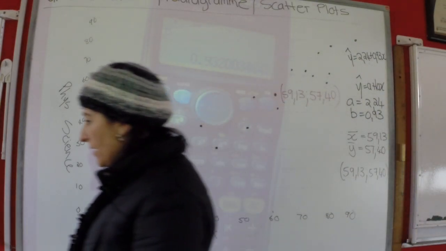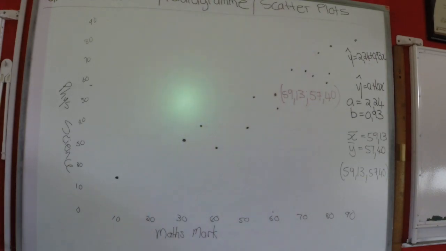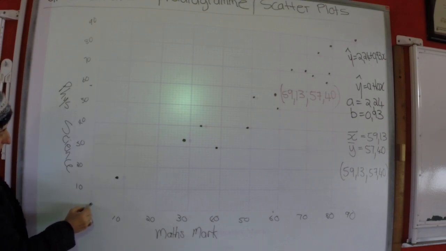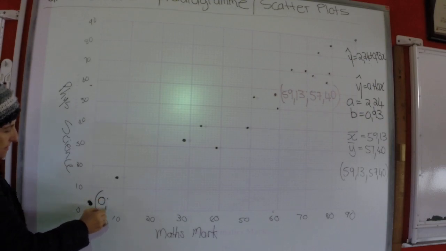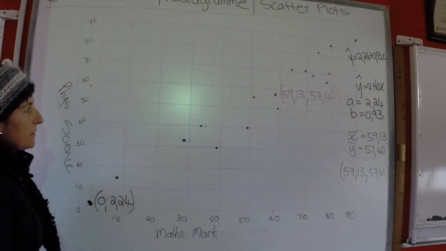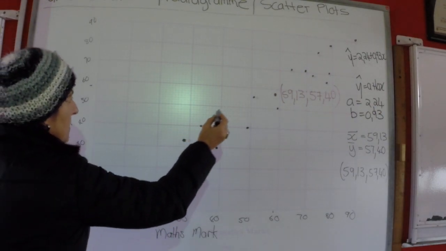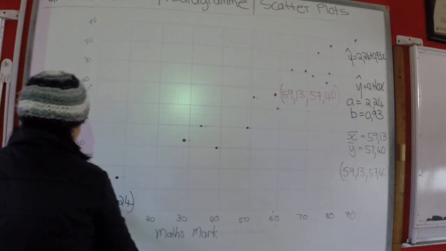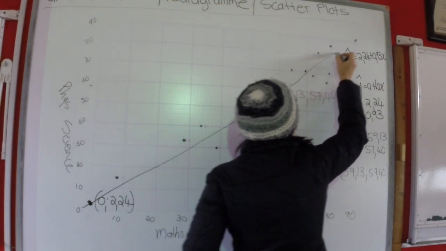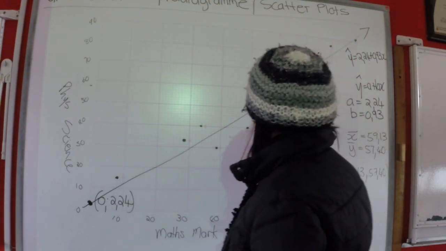En dit is baie belangrik, want as jy nou jou y-afsnit hierso gaan stip, jou y-afsnit 2,24. That's your y-intercept. If x is 0, then your y-intercept is 2.24. Then you can connect this point and your y-intercept like this, and that's going to be your line of best fit.